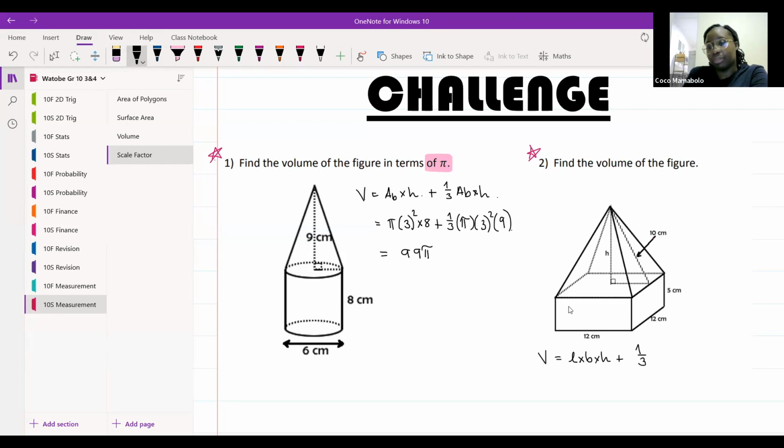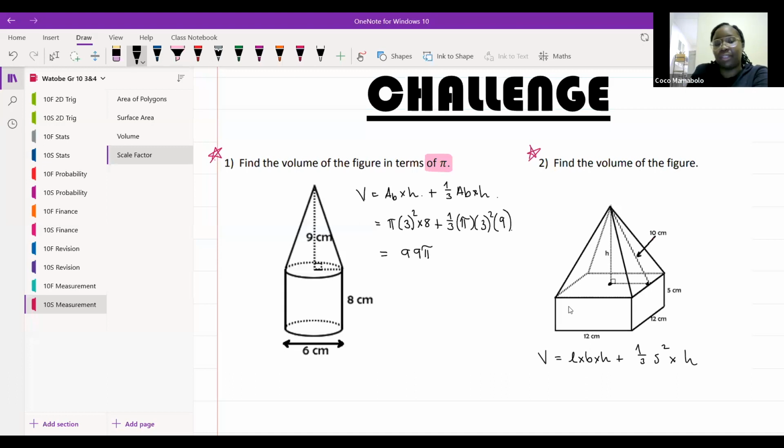I'm missing something. A third of my base, which is 6? No, what is my area? I'm lying. My area is 12 times 12 again. A third of side squared multiplied by the perpendicular height h.